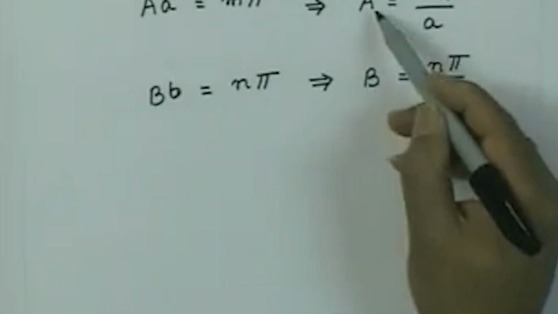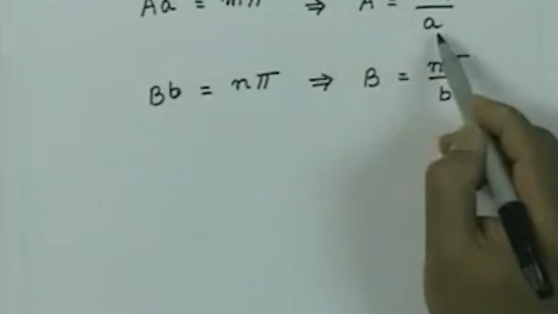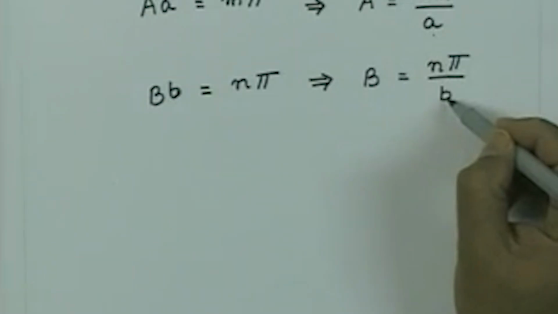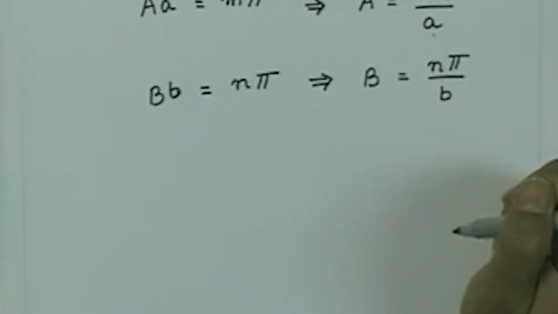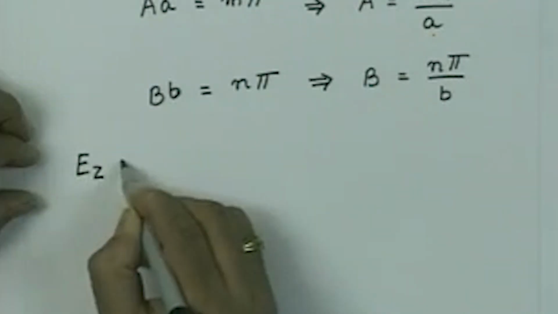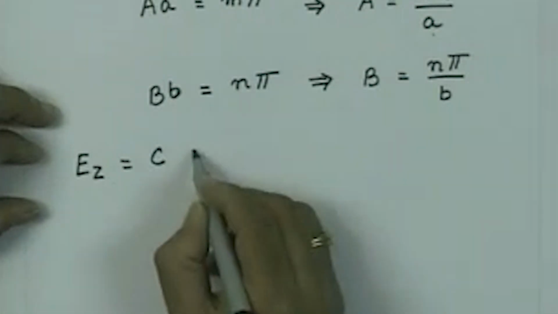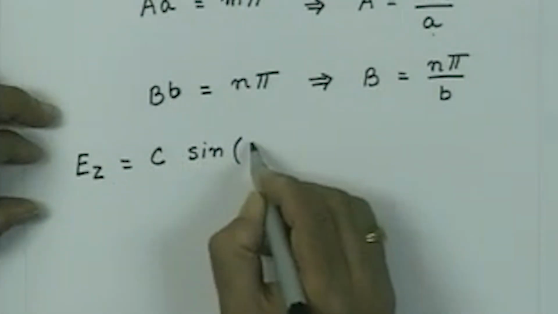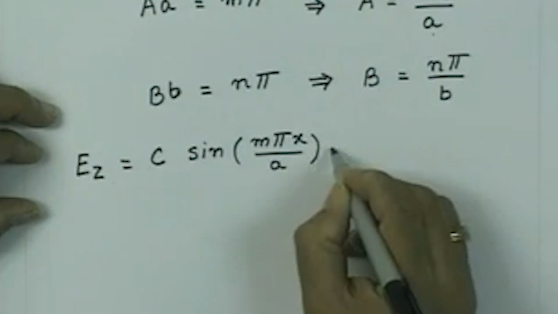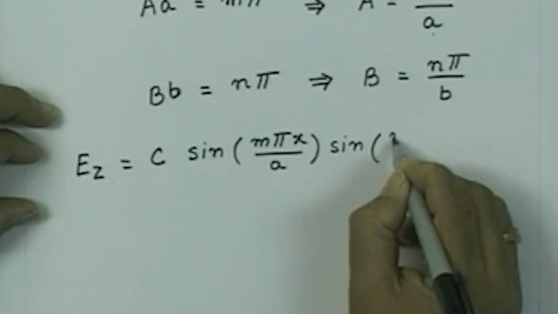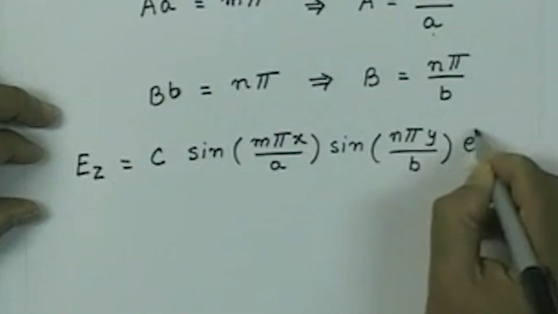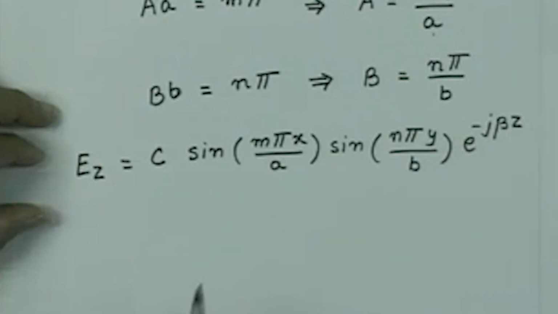Once you get these constants A and B, which are related to these dimensions, the broader dimension of the waveguide and the smaller dimension of the waveguide, and m and n are integers, this longitudinal component field Ez is constant c sin of m pi x by a, sin of n pi y by b, e to the power minus j beta z.